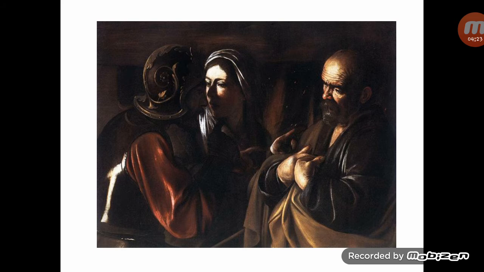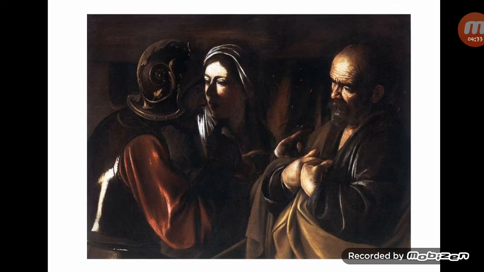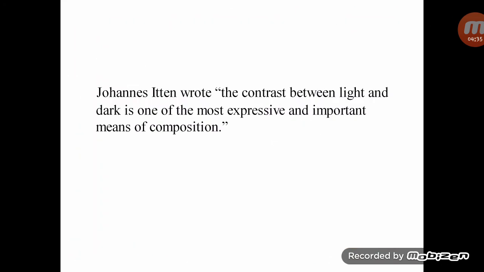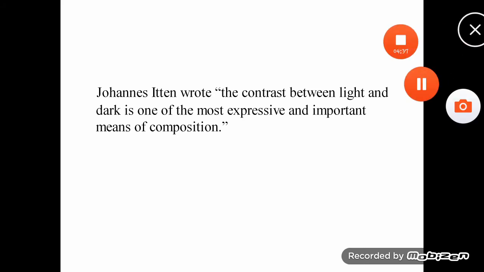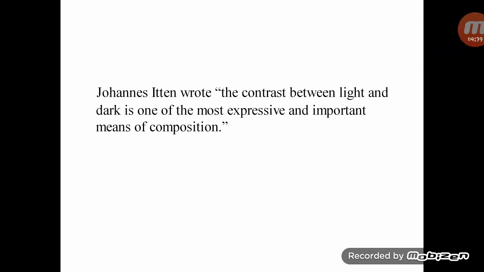Excellent example of how light can be manipulated in artwork. Johannes Itten wrote, "The contrast between light and dark is one of the most expressive and important means of composition."